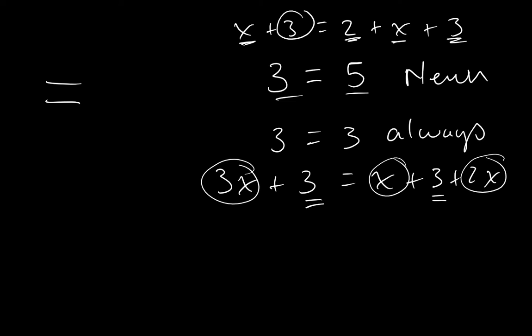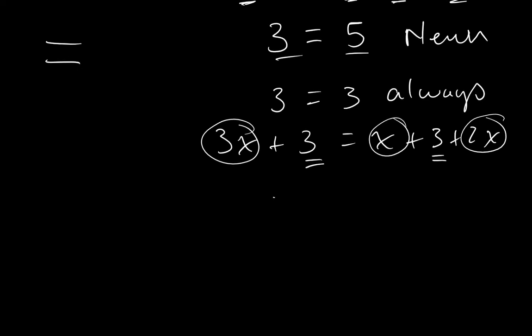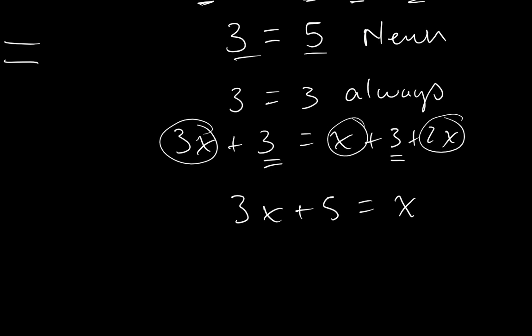But more often than not, we're looking at situations where I ask you to solve an equation, like 3x plus 5 equals x plus 7. So what's x here? Well, let's see.